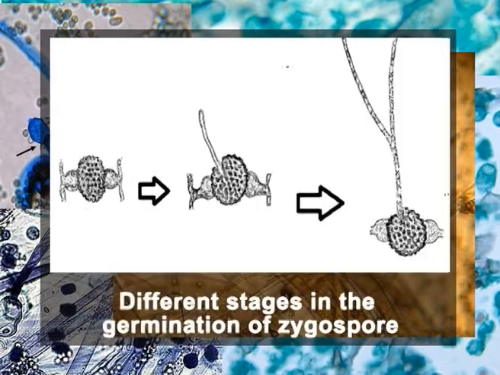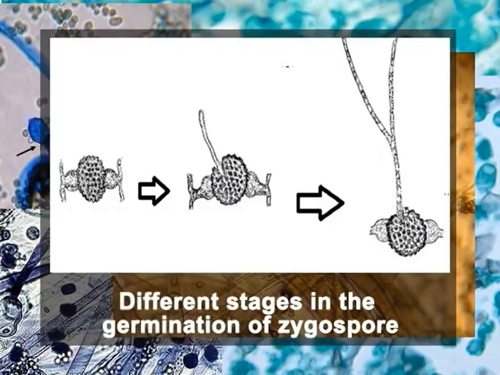During germination, the outer wall cracks and the inner wall comes out in the form of germ sporangiophore. All the nuclei in the zygospore migrate to the tip of the germ sporangiophore. Consequently, it swells to form a sporangium called germ zygosporangium.